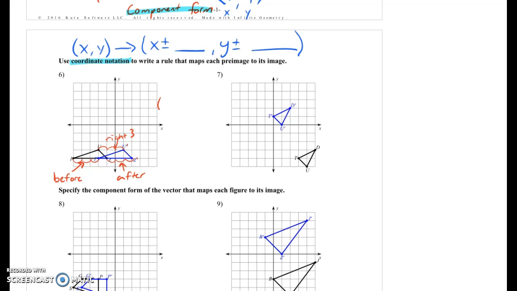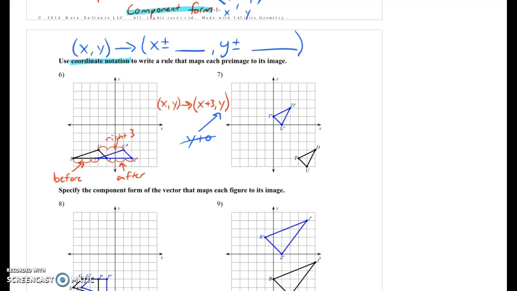So for this problem here, it was from x comma y to x plus 3 comma y. Because in reality, it would be y plus 0, but we do not need to add that 0 in there.